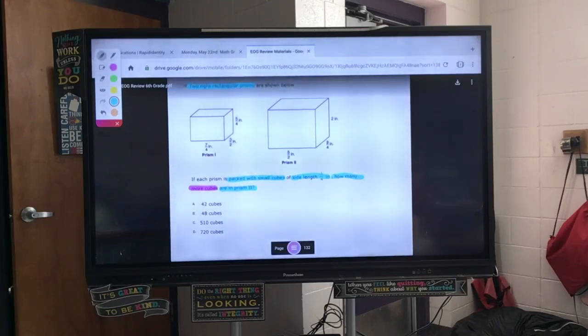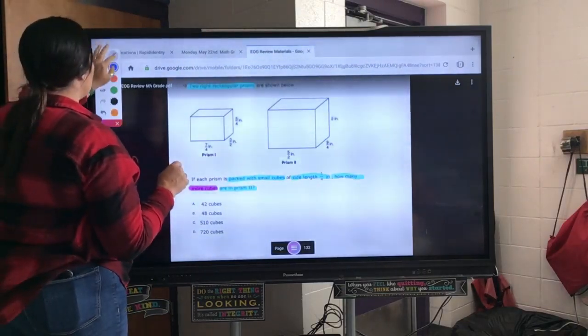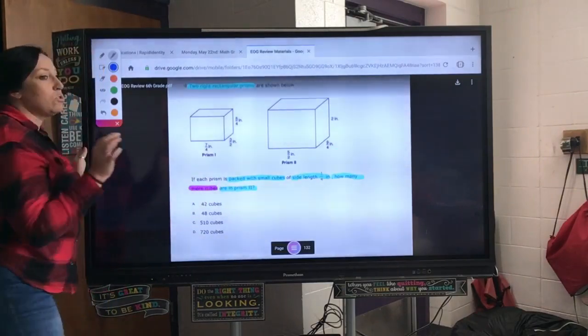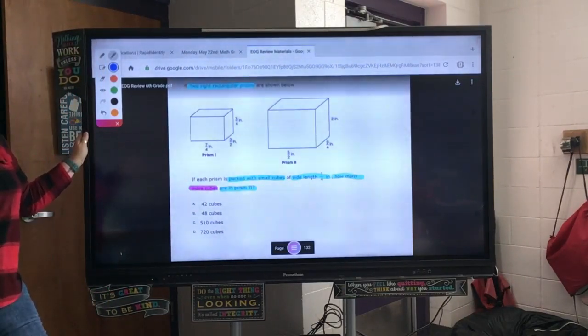What? Do we know a side length of the small cube? Yes. So let's find the volume of the small cube first. That way we kind of know what we're working with. So if it's a cube and we know that all sides are the same, what are we going to multiply, the length and the width and the height? What are they going to be?